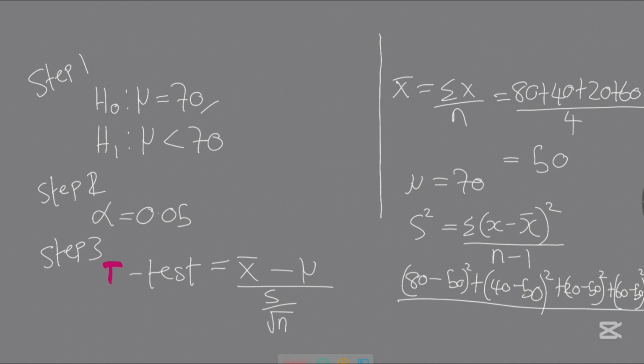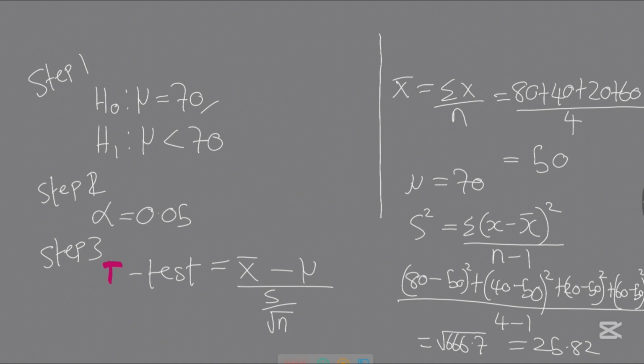We're given our n from the question to be 4, so that will be 4 minus 1. When you input that in your calculator, you get 666.7. And when you take the square root, you get 25.82. Now you don't stop there.